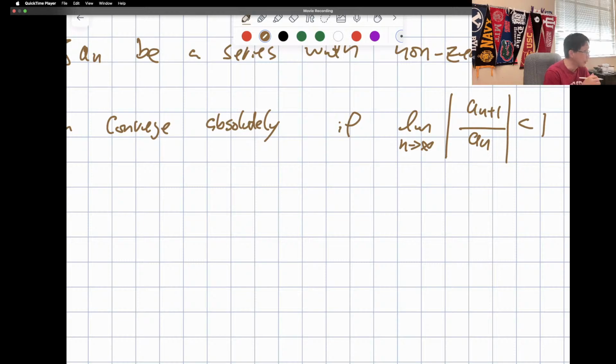So if your next term is small, basically your next term and your term divided by each other is going to be less than 1, then it always converges. Not only converges, it converges absolutely because of the absolute value. So it's not conditional convergence, it's absolute convergence.